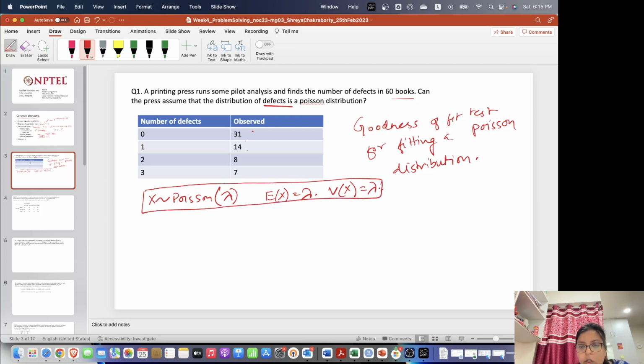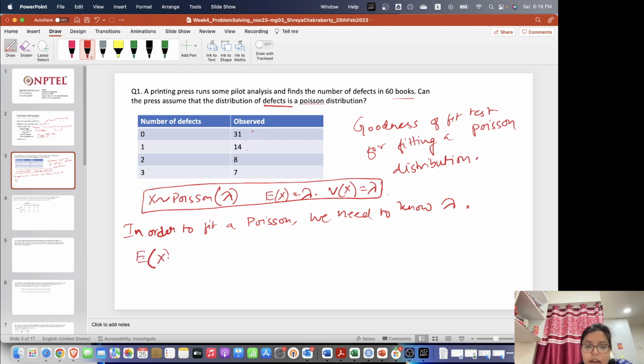Now if we have to fit a Poisson distribution to this data set, we need to know lambda. Since expectation of x is lambda if x follows Poisson, we can estimate lambda by the sample mean.